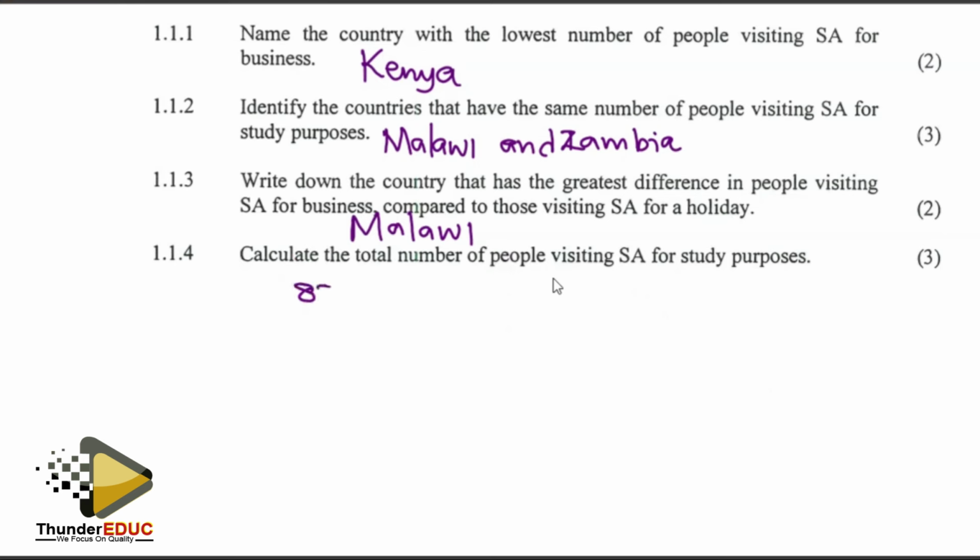So we are saying 83 plus 98 plus 475 plus another 83. And here we get the answer as 739.